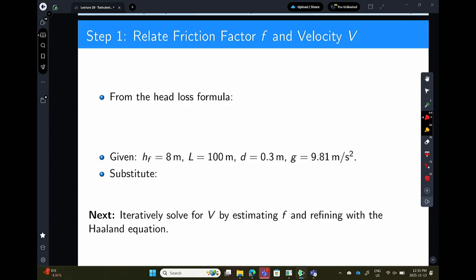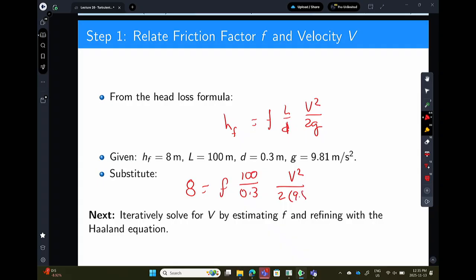So from the head loss equation, you have h_f equals f L over D V squared divided by 2g. You have the head loss that you're given. You have the friction factor, which you don't know. You have all the rest of the terms.